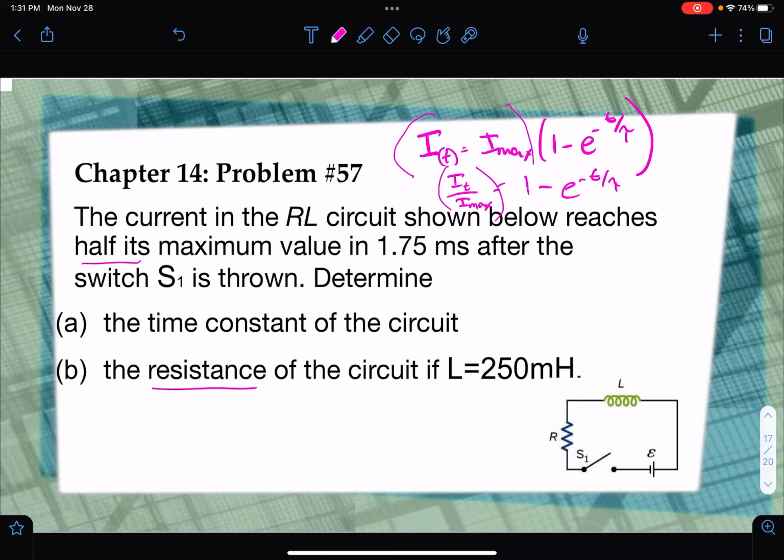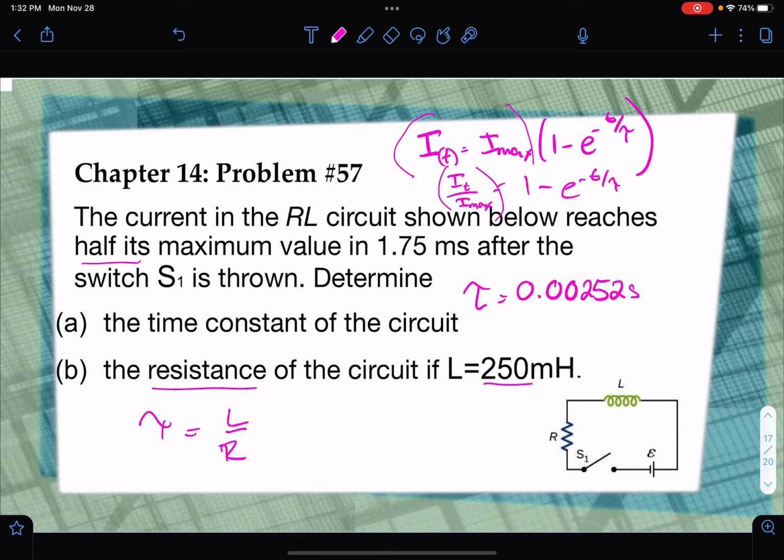You can plug in your other numbers and you should end up with a time constant tau of 0.00252 seconds. I kept 3 sig figs on that one. On the next slide, I have it in milliseconds. And then you can use that tau in your equation here to solve for your resistance.